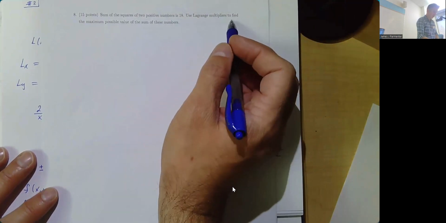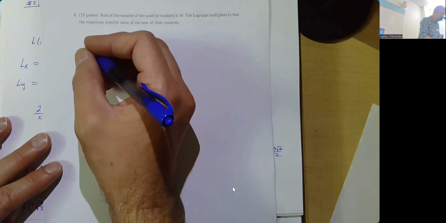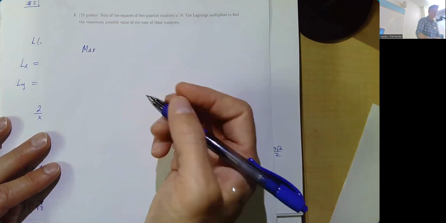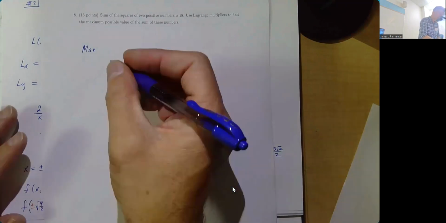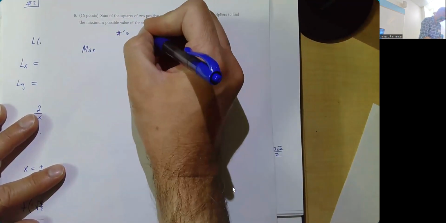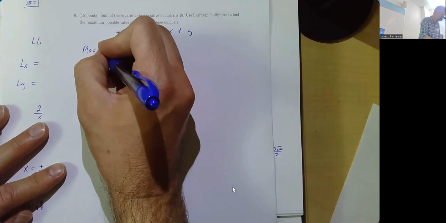Use LaGrange multipliers to find the maximum possible value of the sum of these numbers. To me, that feels like it's the most writing that we have to interpret. So we're trying to maximize, well, what do we want to call our numbers? Any 2 variables are fine. I would normally pick x and y. So our numbers are x and y. And we're trying to maximize what?